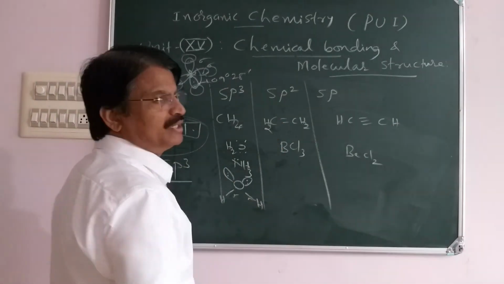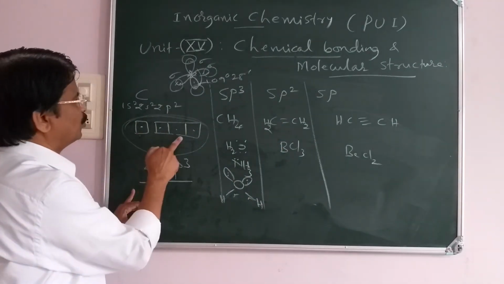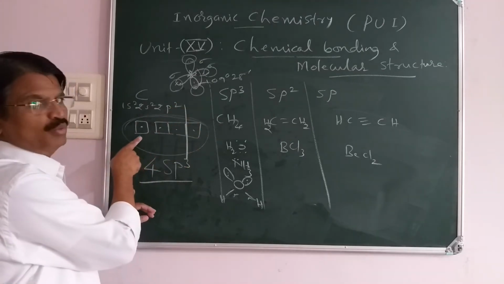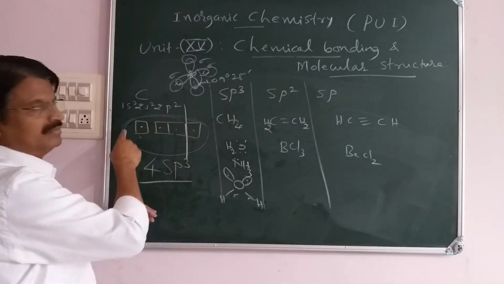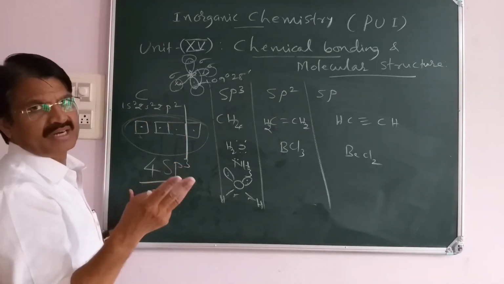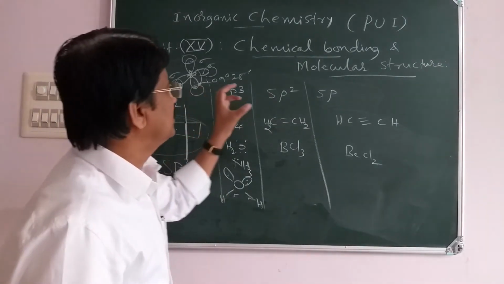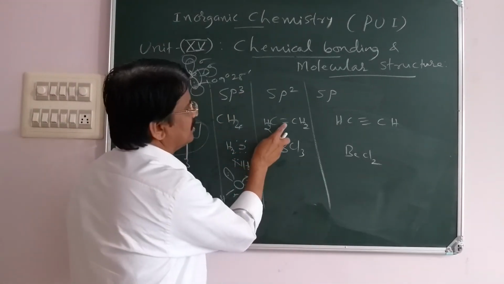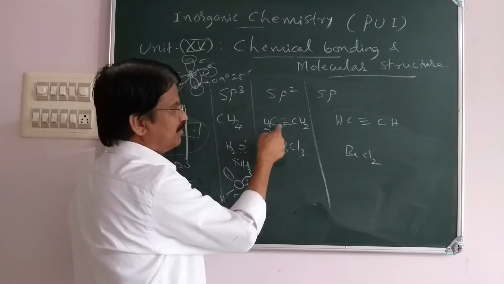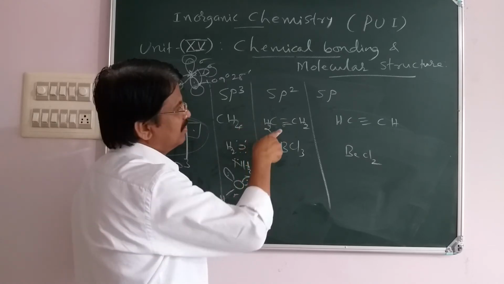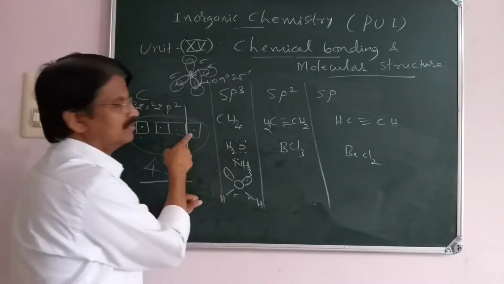Then similarly, sp2. See here, 1s 2p overlap. They can form sp2, but number 3 sp2. So 3 sp2 orbitals can form 3 sigma bonds. 1 sigma here, 2 sigma here. And 1 pi bond, this one.